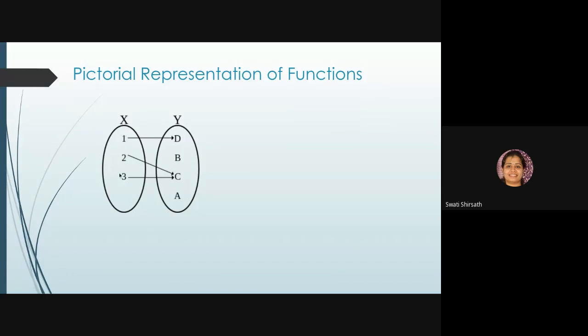And then inside this oval, we write the elements of this set x, which is our domain, and on the right hand side, we write the elements of the codomain, that is the set y, okay? So yes, the left hand side set is called the domain, and the other one is the codomain. It is also called the range.